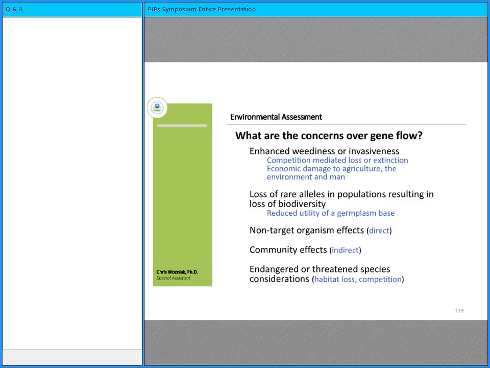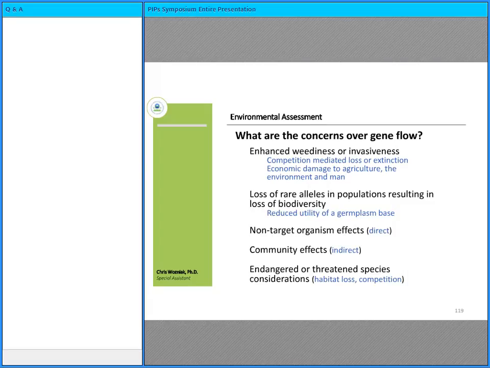Now, I think it's highly unlikely, but I can't say the probability is zero, there are cases where people have theorized about rare alleles in populations being swamped out basically by movement of a selective transgene, whether it's a transgene or even just a normal or standard gene from a crop plant that's been improved, which could in theory reduce the biodiversity of allelic distribution within the population.